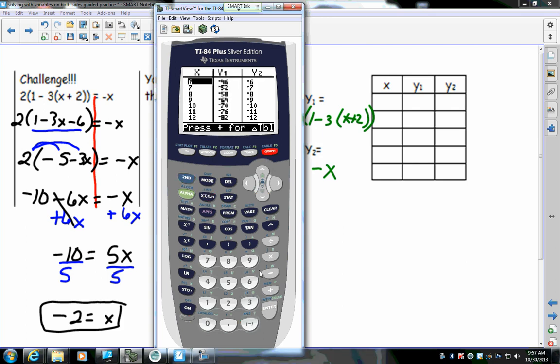Second graph takes me to my table. Again, you can either go second window or you can press the arrow key. And right here at negative 2, I know I'm right because y1 and y2 are both 2. So let's see.